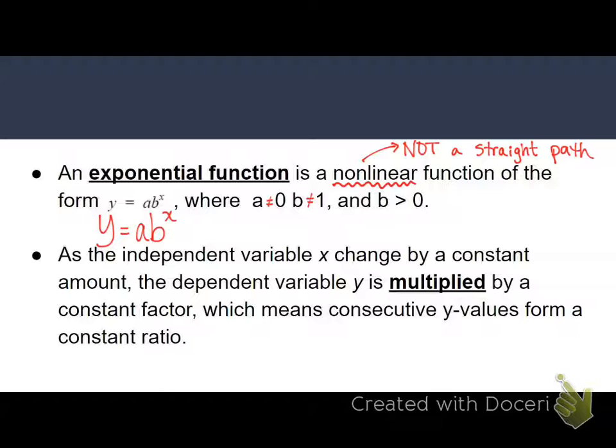As the independent variable x changes by a constant amount, the dependent variable y is multiplied by a constant factor, which means consecutive y values form a constant ratio.